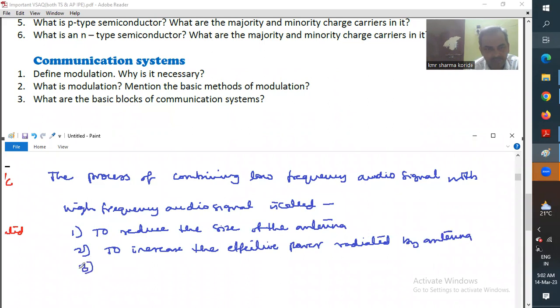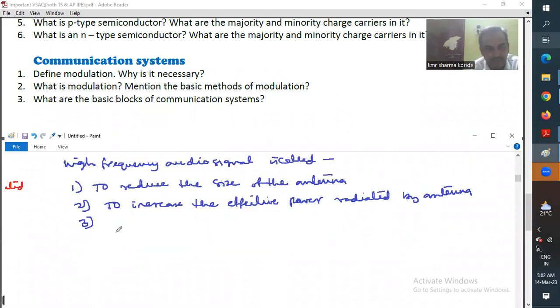And third, to avoid mix-up of the signals with different transmission signals.